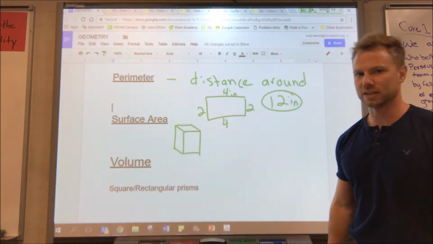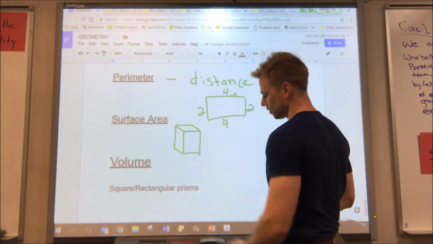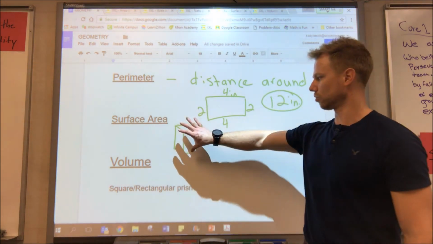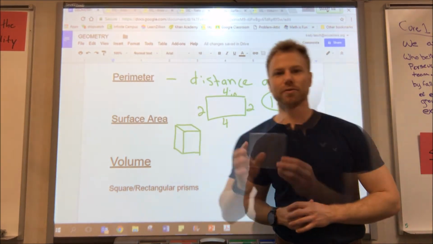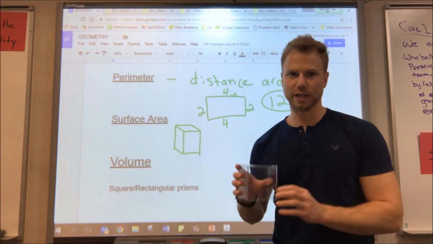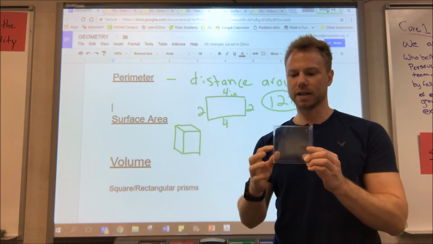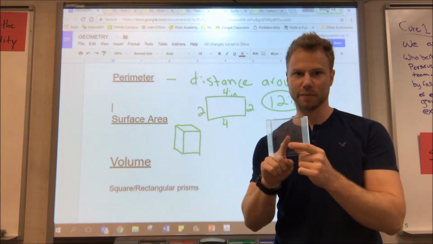And you'll see these in the examples as well. You need to find the area of all 6 faces. A 3D figure like that actually has 6 faces. If we have a rectangular prism like this, which is similar to what I drew there, there are 6 faces. There's the top, the bottom, the left, the right, the front, and the back.